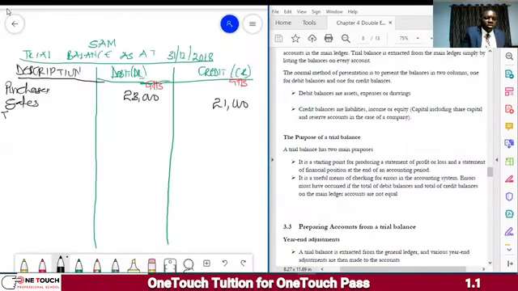So we have trade payables, a credit of 7,000. We have trade receivables of 1,000 debit. Good. Let's go back.